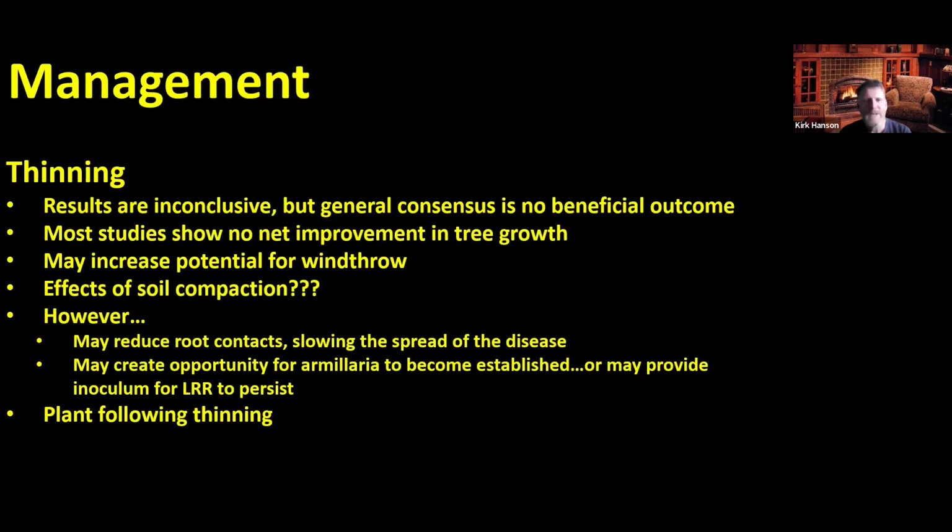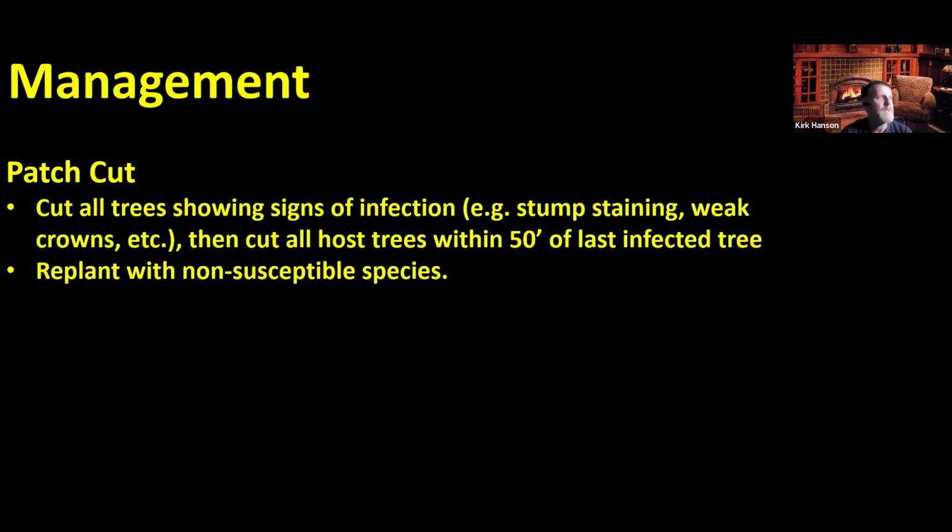But you do have to practice non-attachment and realize that over time, that site will convert. And as active managers, this is our opportunity to intervene in a way that benefits us. And again, thinning may improve the growth of the planted tree seedlings that are of a non-susceptible species.